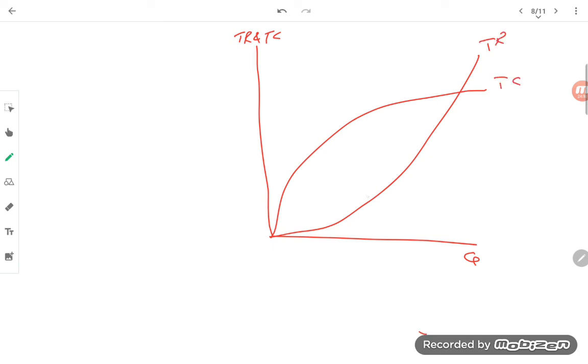We would like to find the maximum profit, which is the highest difference between both of them. Okay, so these are some of the turning points that we can find in economics.